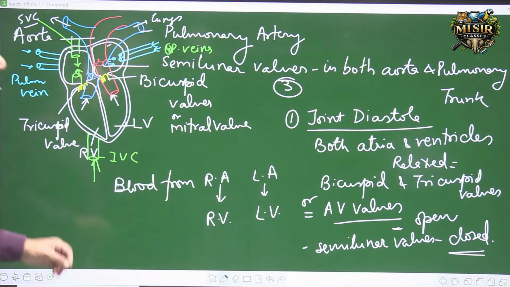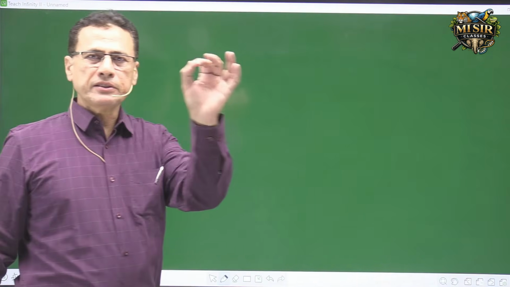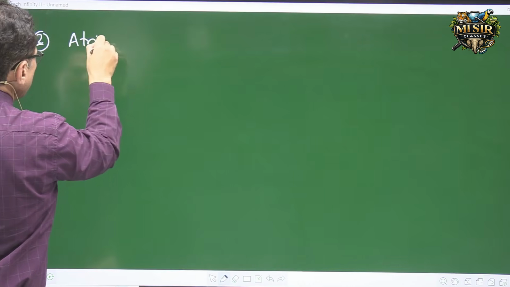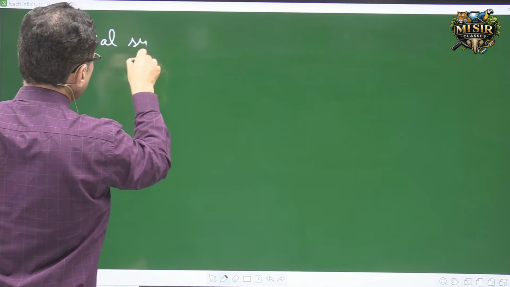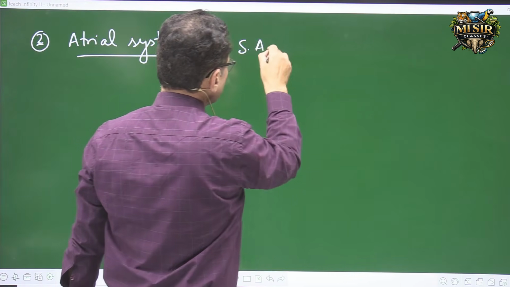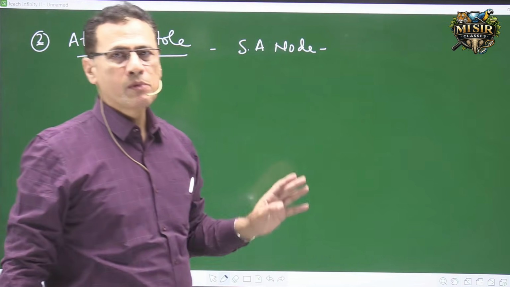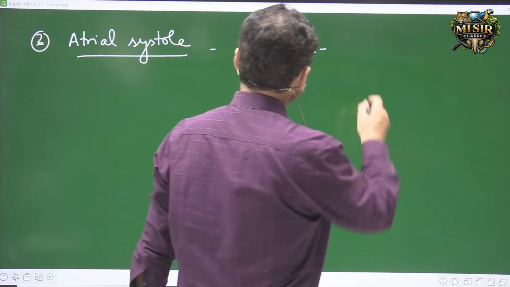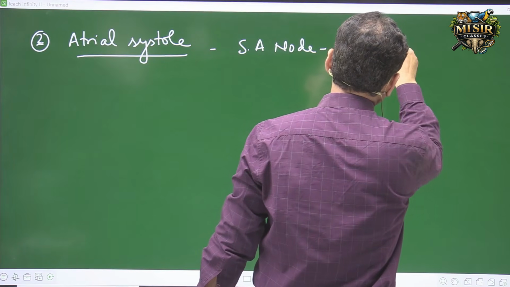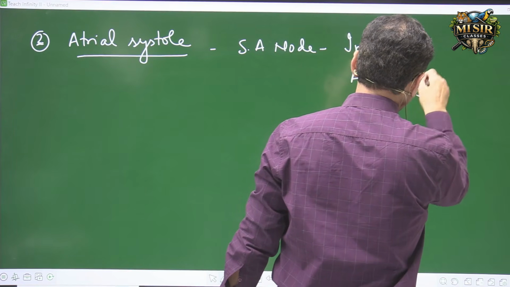Now, what happens? Due to the electrical activity, the sinoatrial node, this is the second condition called atrial systole. The SA node, sinoatrial node, present on the right upper corner of the right atrium, generates an impulse leading to atrial systole.